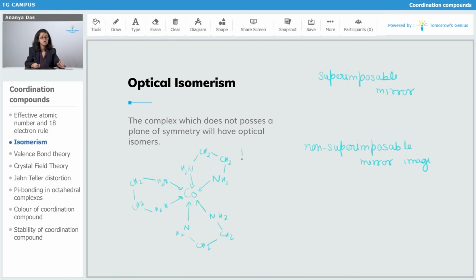Let's draw the mirror image of this complex. So cobalt is in the middle, nitrogen here, then we have nitrogen, nitrogen, nitrogen, nitrogen and nitrogen.